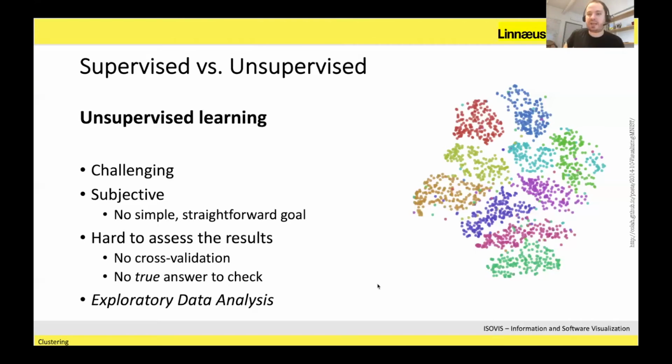It's when you really think, I have no idea what this data set is about, so I want to explore it. I want to see what I can find about it, even if I don't have a response variable. Or maybe you do have a response variable. Actually, I think most of the time you do, but still you want to set that aside for a second and look at the data for what it is, without considering the response variable for a while.